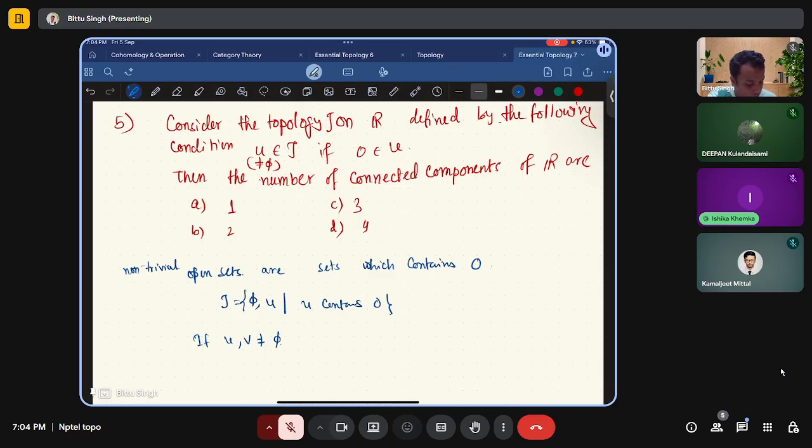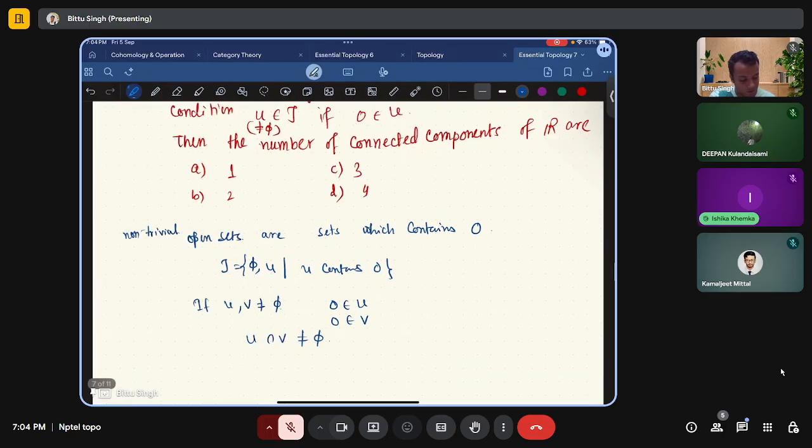Then 0 belongs to U and 0 also belongs to V, right? Therefore, U intersection V is always non-empty. So it is clear that R cannot be written as U union V.